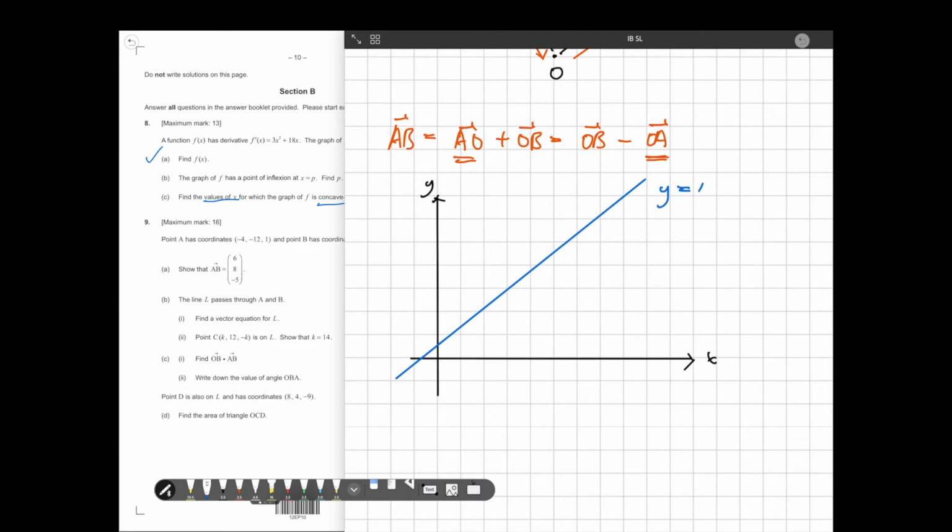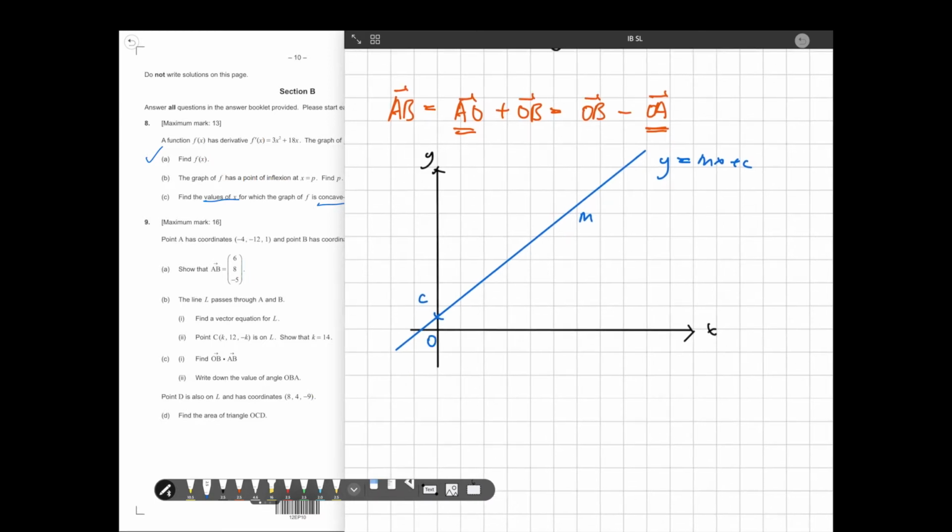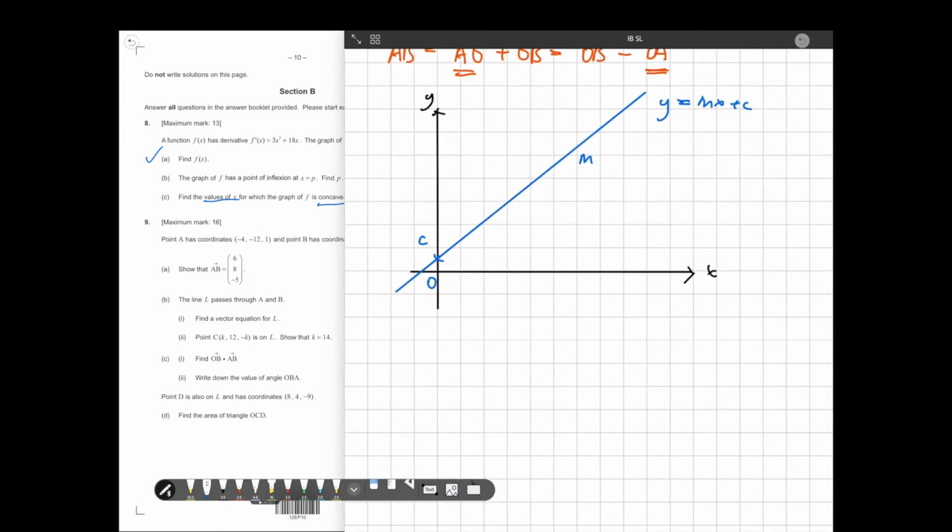That is y is equal to mx plus c. We know that m is the slope, and c is the y-intercept. That is the origin. And from these two diagrams, we can learn that. So that is the point-slope form. Another one is the vector form.